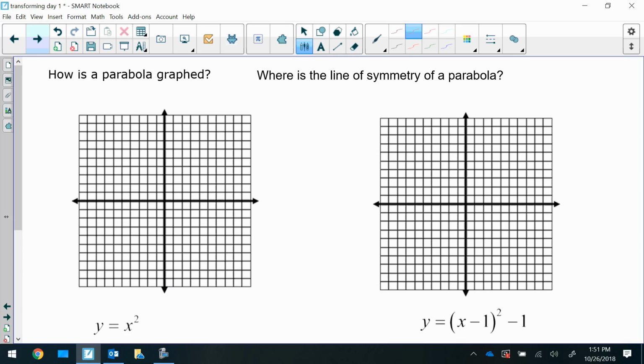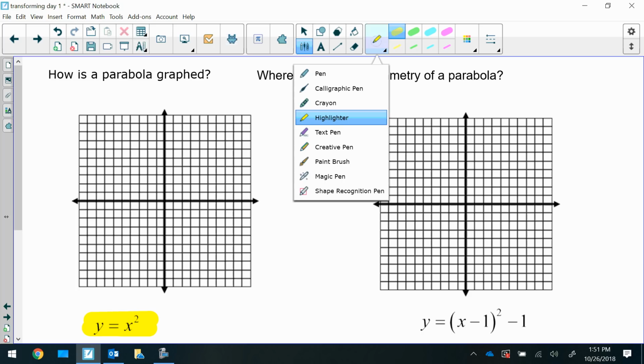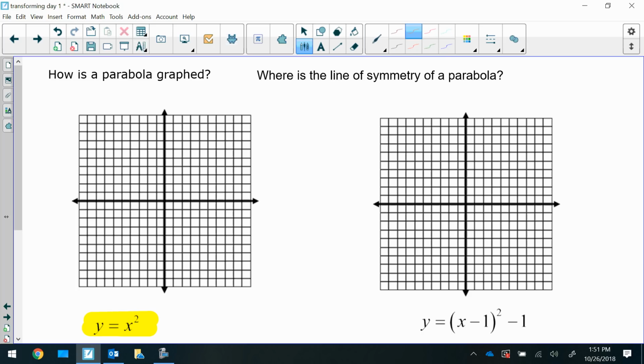So, look at this. y = x² is the most generic parabola that you can have. The vertex of that parabola is right there at 0, 0. Now, you're going to think that you can just draw a U shape up, and that's what our parabola looks like, except that's not what we can do.